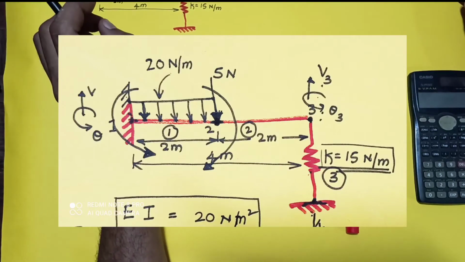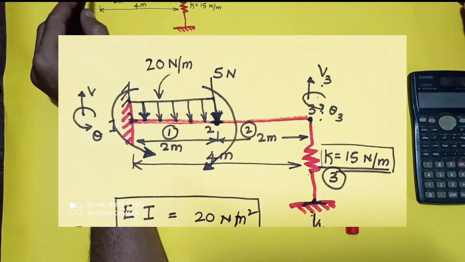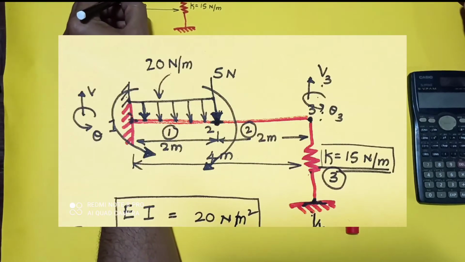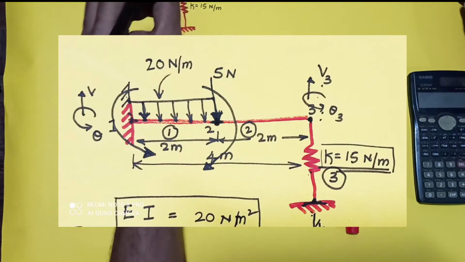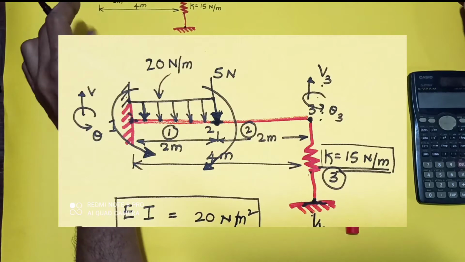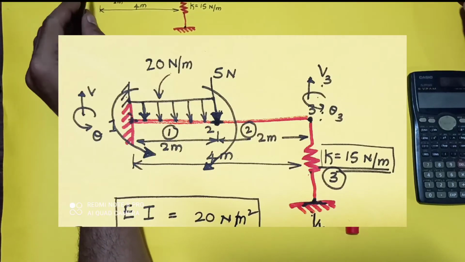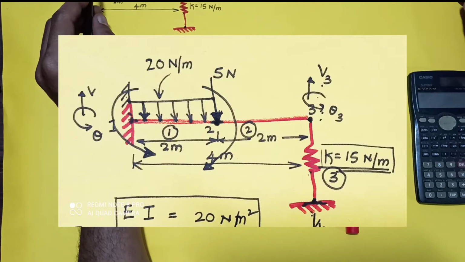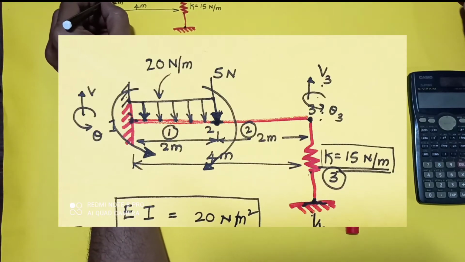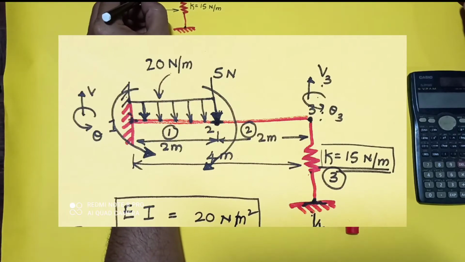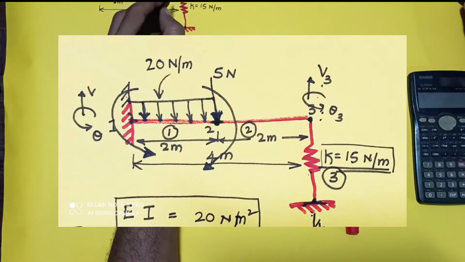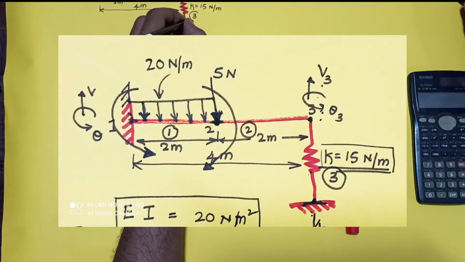Now let us say this is node 1, node 2, node 3, and here again it will be node 4. So in total you will have 4 nodes. If you look at the elements, this will be element 1, this will be element 2, and the third one from 3 to 4 will be element 3.